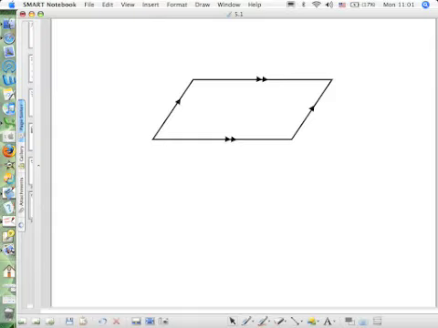Scott? They are same side interior angles and they're supplementary, because they are formed by parallel lines. Very good. For the same reason, angle M is a supplement to angle A, and we just wrote that sentence on the board. Consecutive angles are supplementary, while opposite angles are congruent.